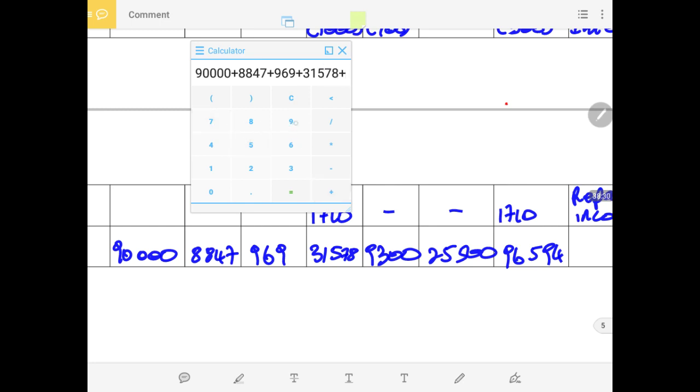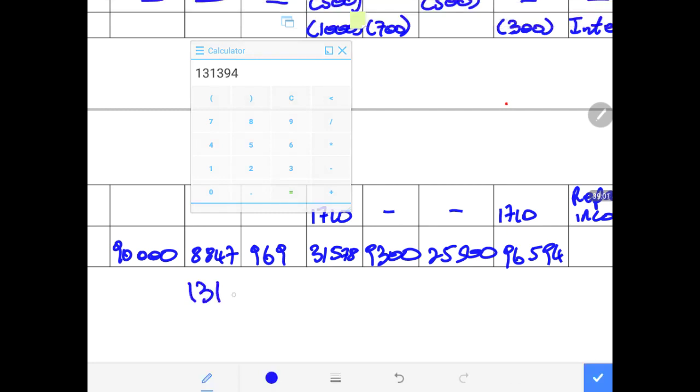The 9,300 and 25,500 are no longer assets. So these are my assets. The two are liabilities. Therefore, my total assets are 131,394. That is from here up to here.